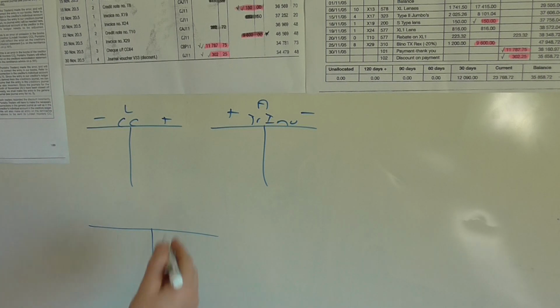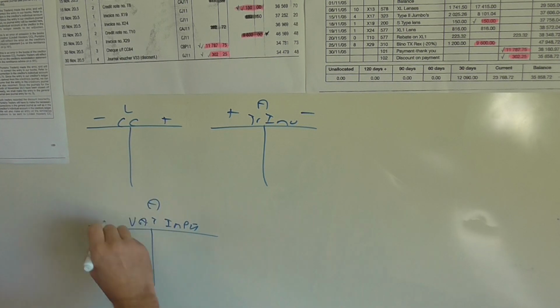And then VAT input, which is an asset, plus minus. We had that as 16740.